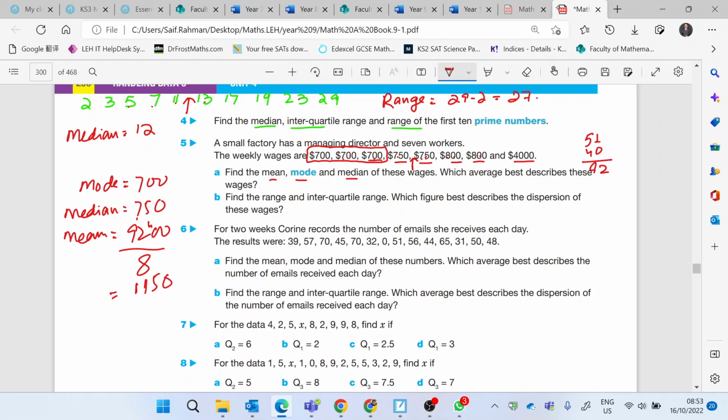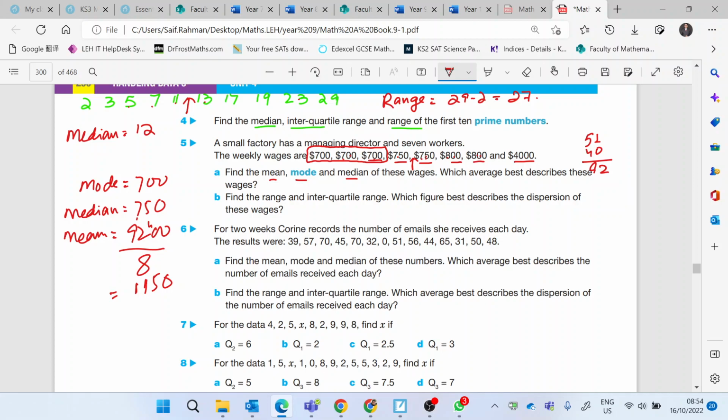So in this case, we can see that the mode is 700, the median is 750, and the mean is 1150. Looking at the salaries, the majority of the employees have a salary between 700 and 800, right?